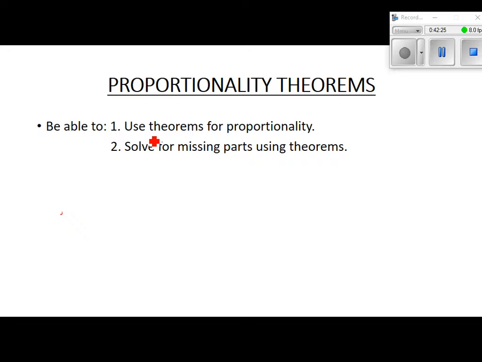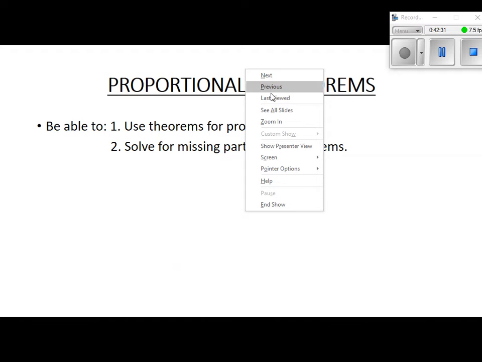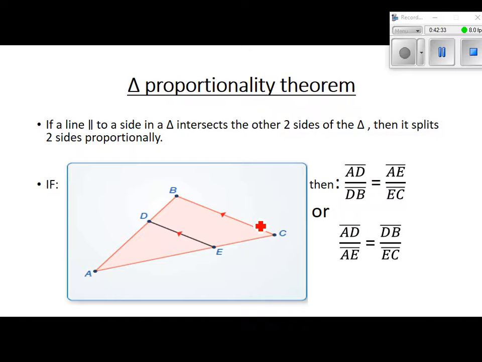Proportionality theorems. We're going to use these theorems. Proportionality: solve for missing parts using this theorem. Write that one down. Draw the picture on this one. This is the one we were talking about, when I said instead of splitting off the triangles. How many triangles in this picture? 2. 2 triangles.